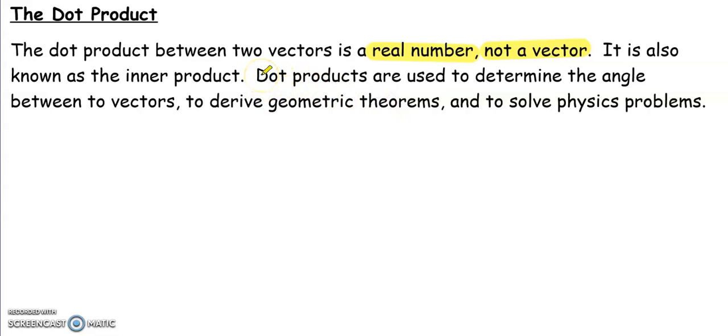Alrighty, so dot products are used to determine the angle between two vectors. They're going to derive geometric theorems, and we are going to solve physics problems, like the one with the wagon. That's a hoot, right?